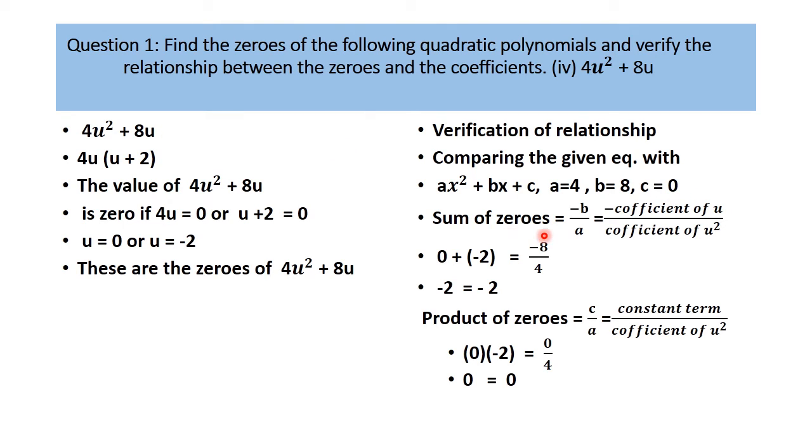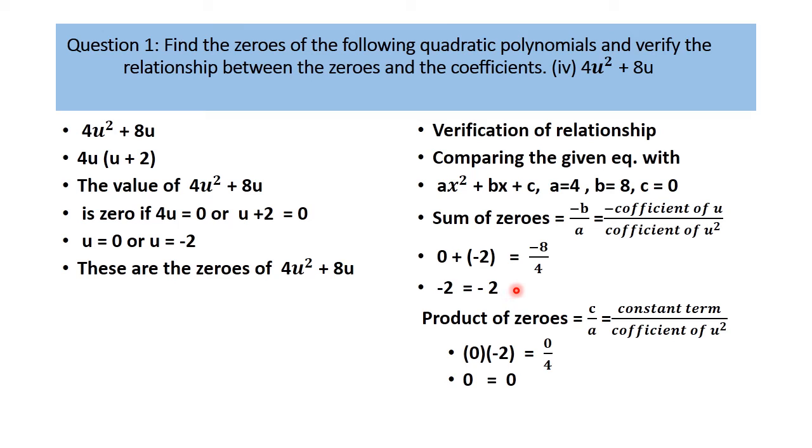Now the sum of zeros is −b upon a, or minus coefficient of u upon coefficient of u². The zeros are these two, 0 and −2. So 0 − 2 is −2, and −8 upon 4 is −2. So left hand side is equal to right hand side.